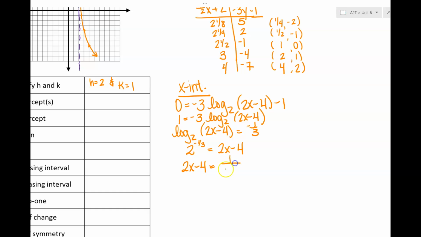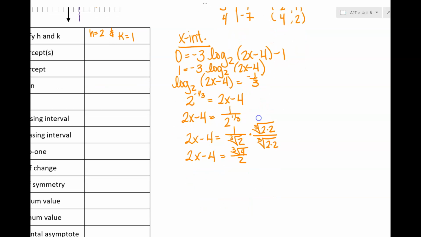So it's 1 over 2 to the 1/3, which then becomes, it is a rational exponent, so it's 1 over the cube root of 2. Now, if I have 1 two, but my index is 3, that means in order to rationalize, I'm going to need 2 more. So the cube root of technically 4. So we get 2x minus 4 is equal to the cube root of 4 all over 2.